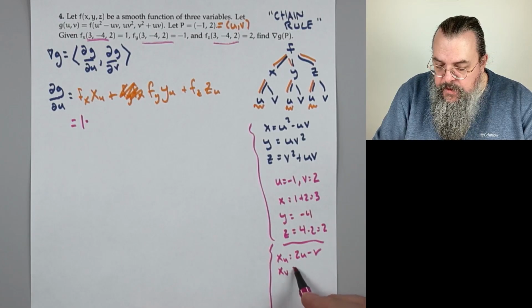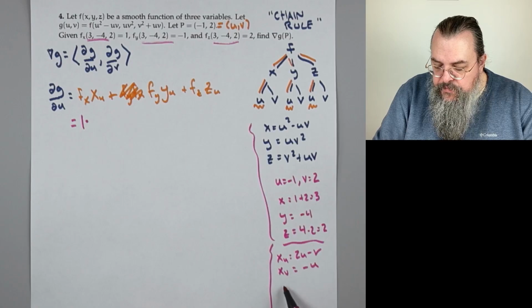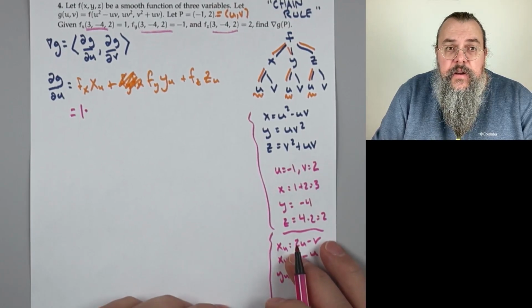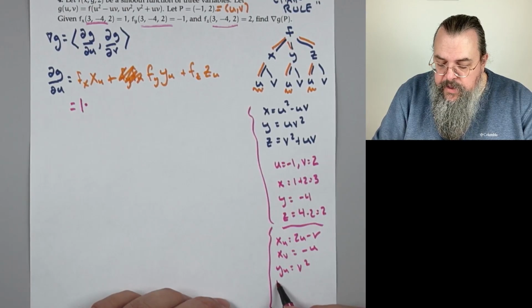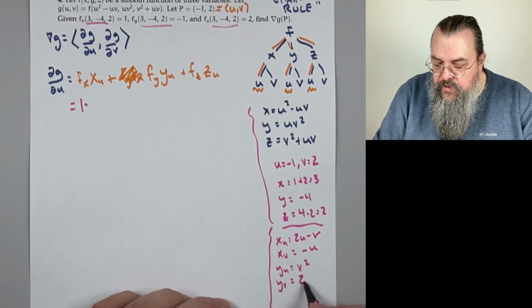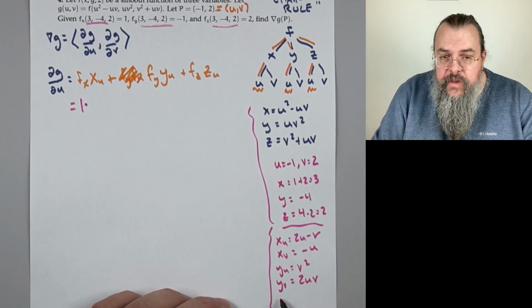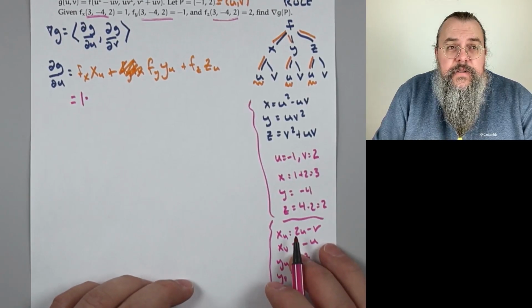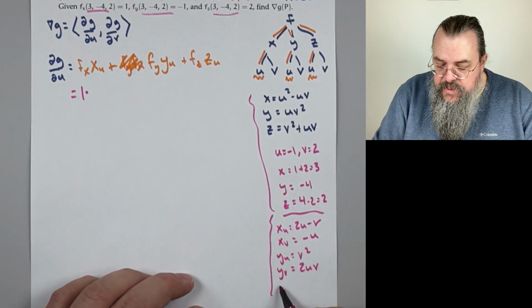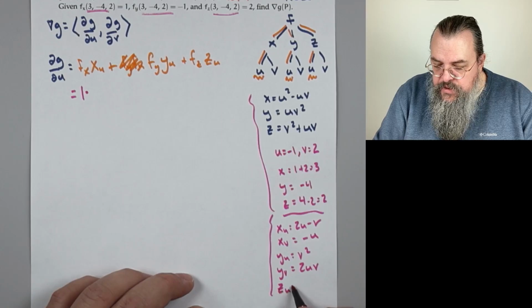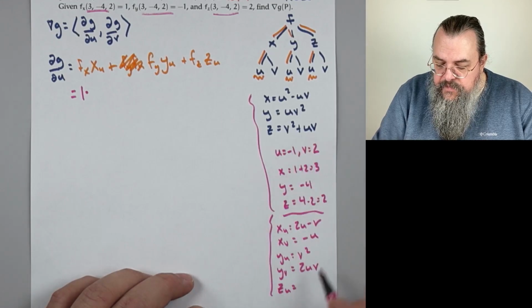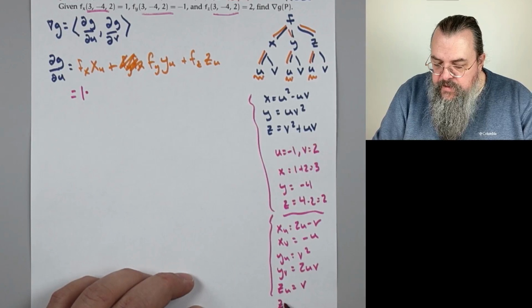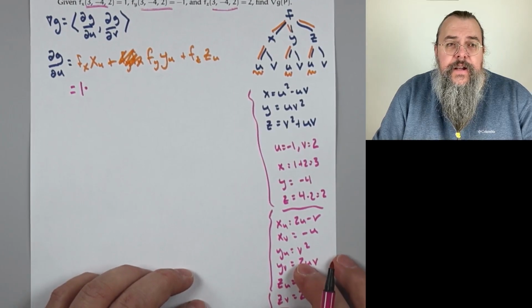X sub v is minus u. Y sub u is v squared. And y sub v is 2uv. Z sub u is going to be v, and z sub v is 2v plus u. All right, so we need all of that.